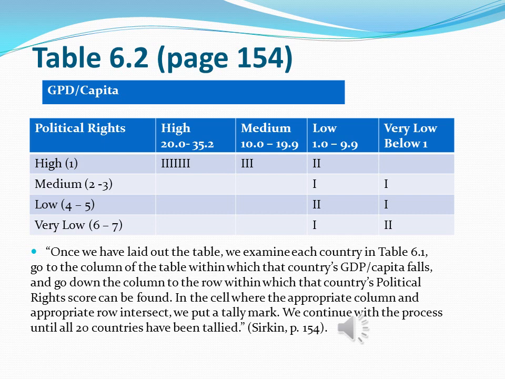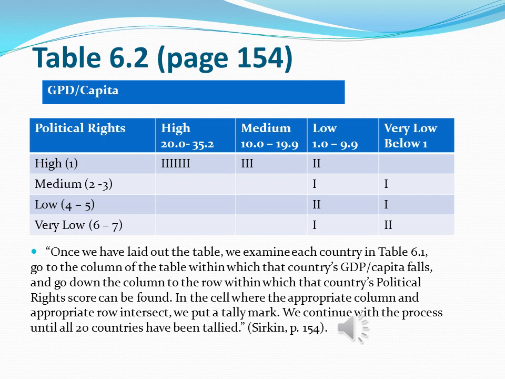Notice how they put the frequencies of how many with the high political rights were in the different categories. For example, those with high political rights, reading across that row going from left to right, the high GDP per capita, which is 20.0 to 35.2, that's in thousands.